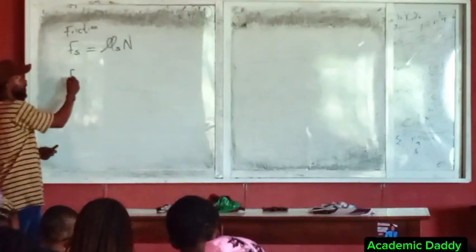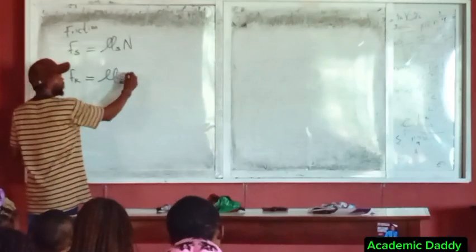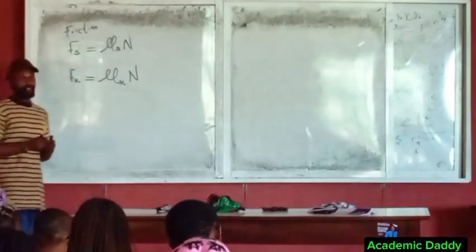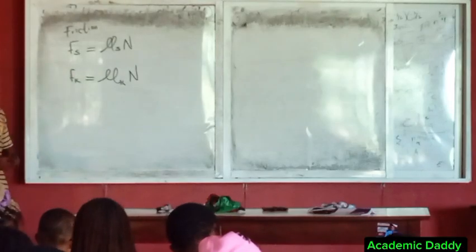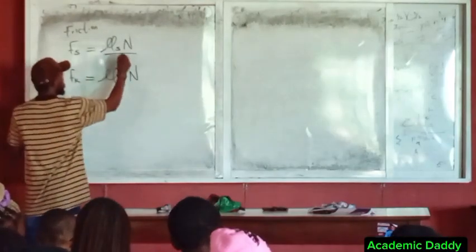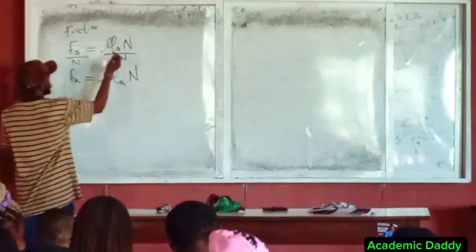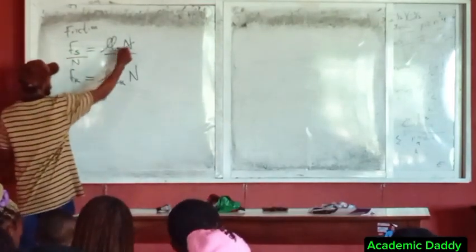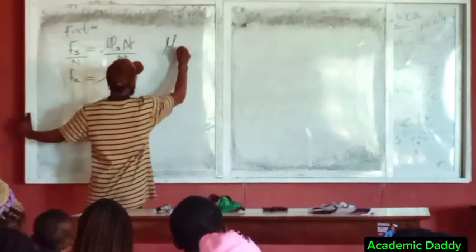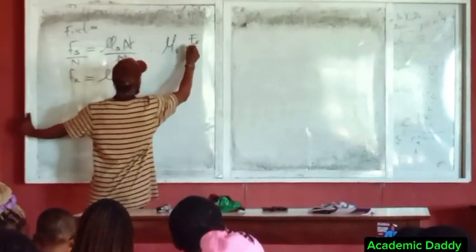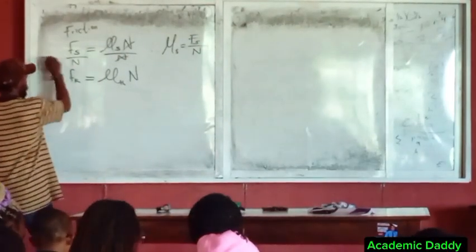Then we also have kinetic friction, and it's still the same thing: coefficient of kinetic friction times the normal reaction. So if we want to make the coefficient of static friction the subject, we can simply say that it equals static friction all over normal reaction.